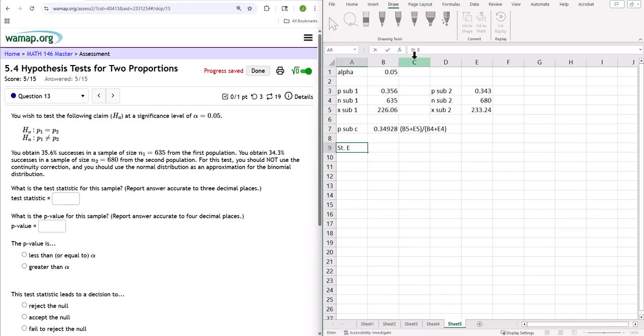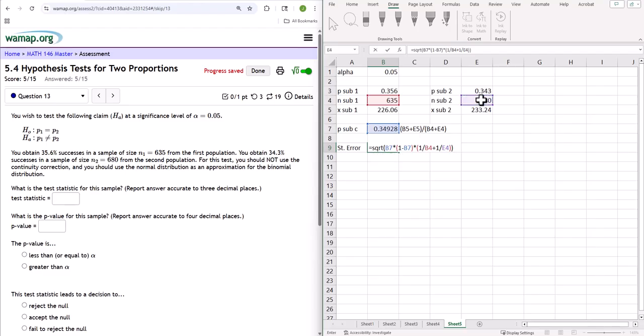So I can use this to find my standard error now. It's going to be the square root of my pooled proportion times 1 minus my pooled proportion times 1 over n sub 1 plus 1 over n sub 2.